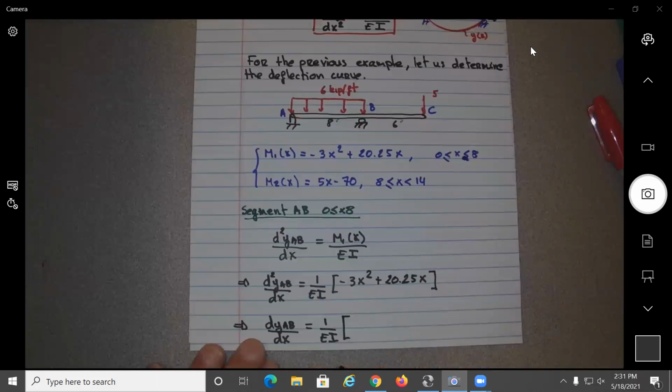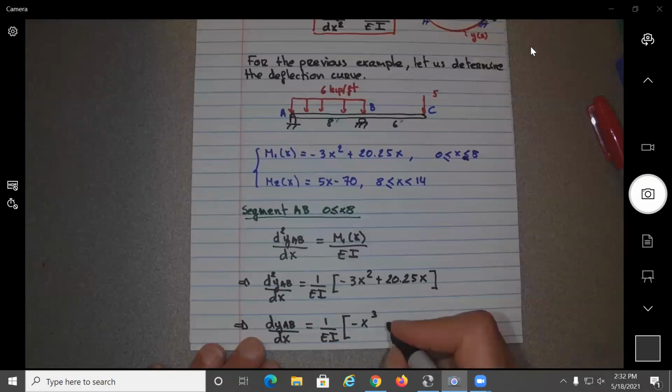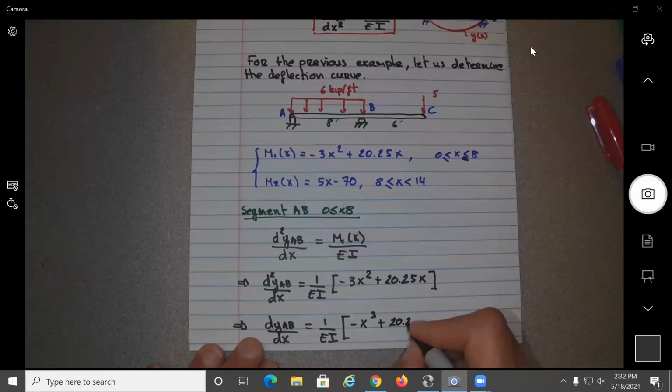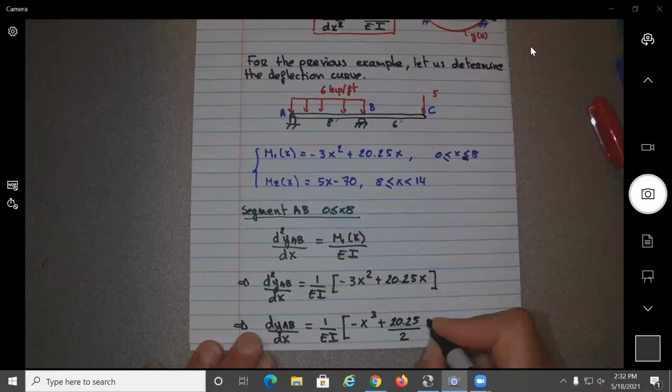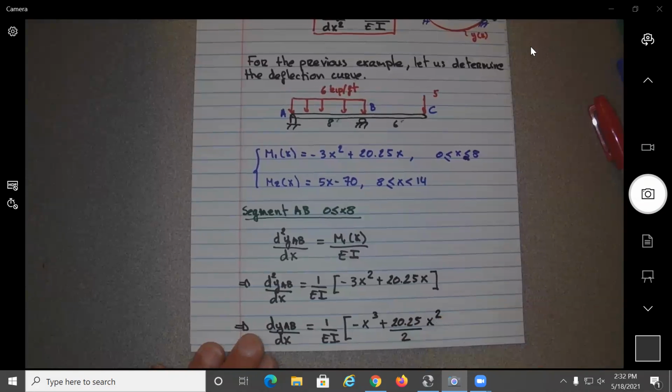So this will give us minus x cubed plus 20.25 divided by 2 x squared.